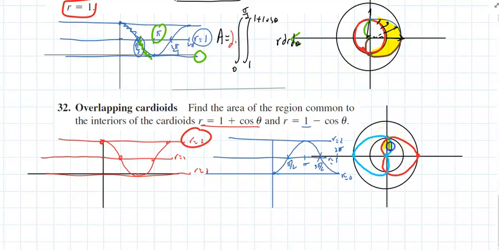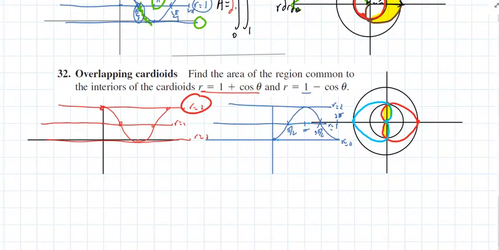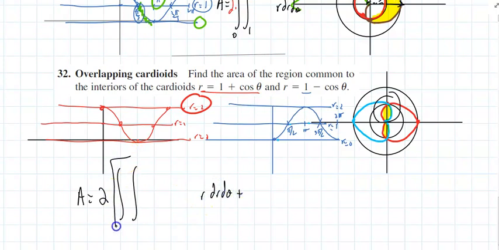Common to both. Wouldn't this be common to both? Now these are symmetric, but I'm going to assume they're not symmetric because that is going to happen later on. So I'm going to say area equals, and I'm going to start by finding the area of this top portion only and multiplying that by 2. That's where the 2 comes from. The double integral of r dr d theta plus, so again, I'm assuming they're not symmetric.